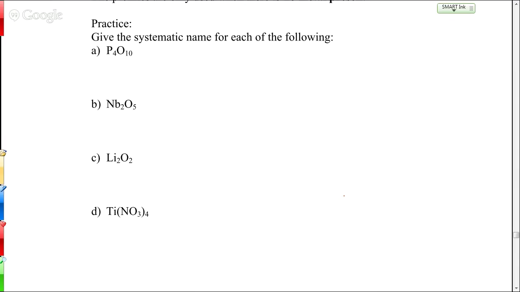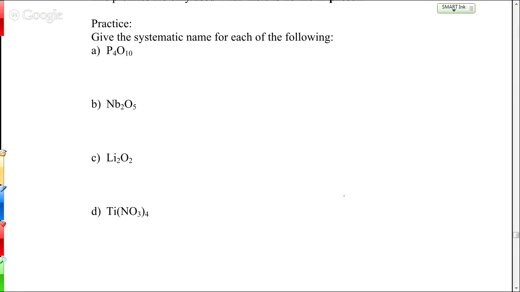Yeah, look to see if there's a metal there. That's what I would say first, is look if there's a metal. Because if there is a metal, that tells you it's generally going to be ionic. If there's no metal, then it's going to be covalent. So in this first example, P4O10, what would that be? Covalent or ionic?